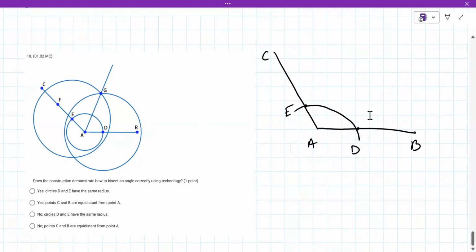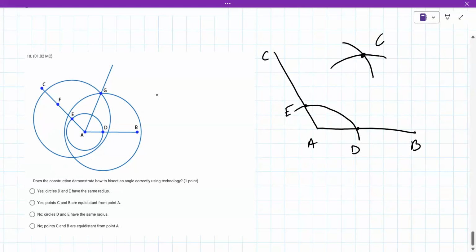And then they went to each of those points. You have to go halfway beyond the angle. So you go like that. That's the big circle here. And then they did the same thing at E. They swung the same arc. See how the two large circles are the same?